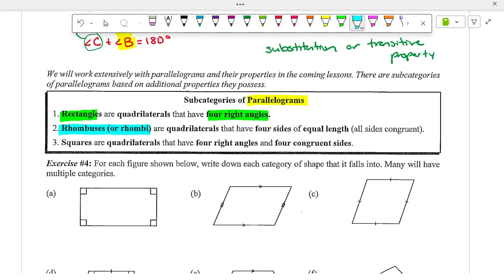The rhombuses, or the rhombi, are quadrilaterals with 4 sides of equal length. So in other words, all sides are congruent. And then the squares are the combination of the rectangles and rhombuses. They have both the right angles and the congruent sides.